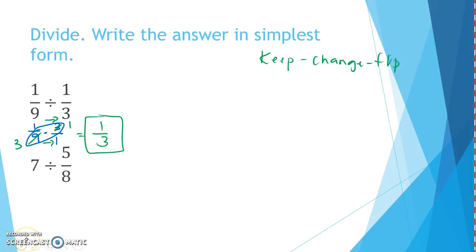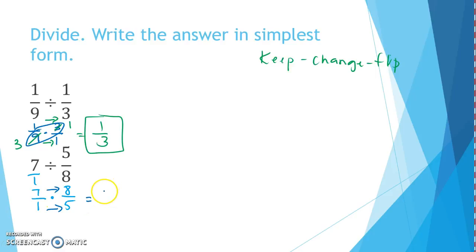Our next problem is 7 divided by 5/8. So I automatically think I see a whole number. I'm going to make it a fraction, so I'm going to make this 7 over 1. So keep that the same, change the symbol to multiplication, and then flip my second fraction, 8 over 5. I don't see any cross canceling this time either, so I'm going to multiply straight across.